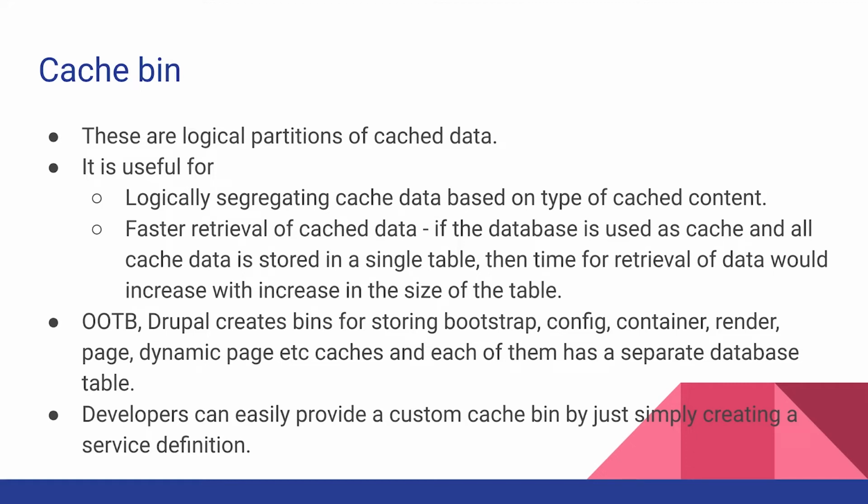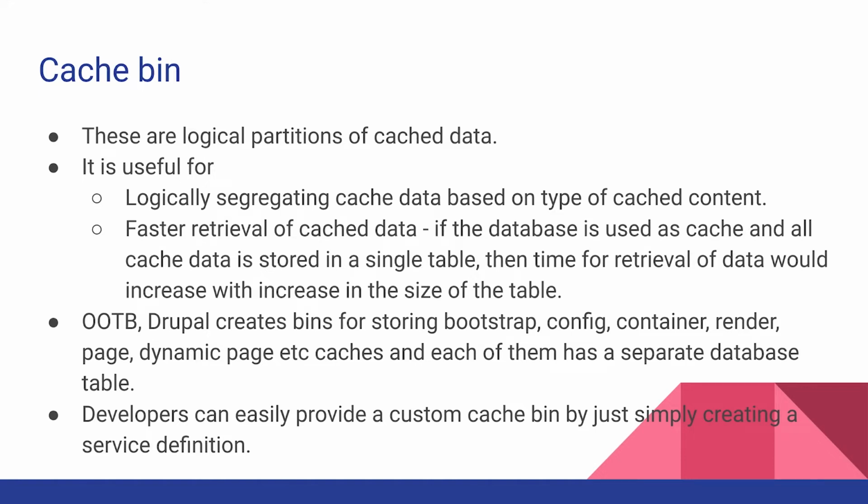Then render cache, page cache and dynamic page cache are basically storing rendered data, that is output. Render is part of the output. Page and dynamic page cache are almost the entire HTML response that goes to the front-end user. Those things are cached, and we'll have a separate discussion about them.